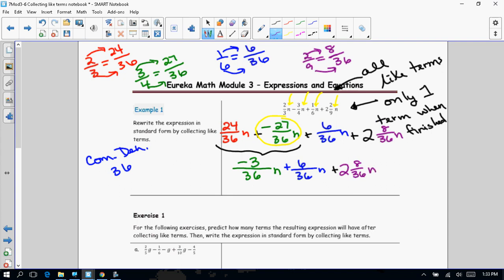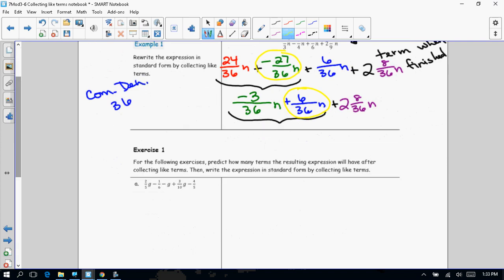Let's add the next two. Again, the signs are different. 6 is bigger, so I'm going to subtract and have the sign of the bigger number. So in this case, it's going to be 3 over 36n, and then plus 2 and 8 over 36n.